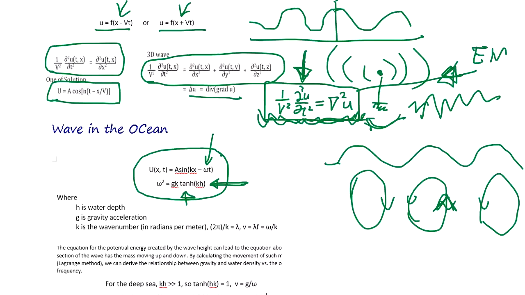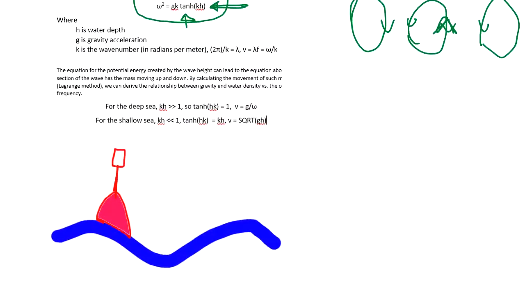Okay, and for deep sea, kh is larger than 1, so hypertangent is going to be 1. This is going to be the wave speed. For the shallow sea, kh is much less than 1, so it's a kh, so v is this. So the ocean wave speed is different depending on the depth.